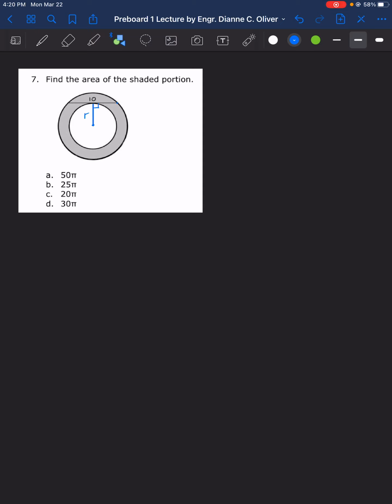Then we also find here the radius for the outer circle or the bigger circle. So what do we find here? It's actually a triangle, a right triangle, which is 5, r, big R.